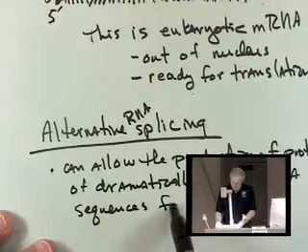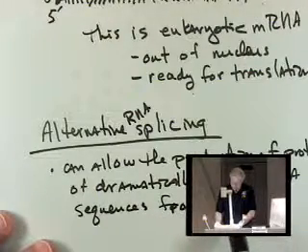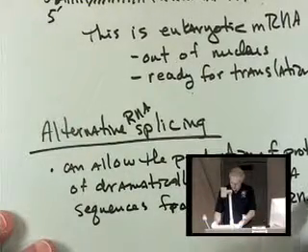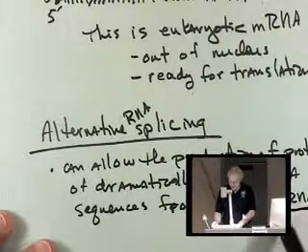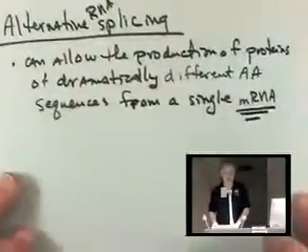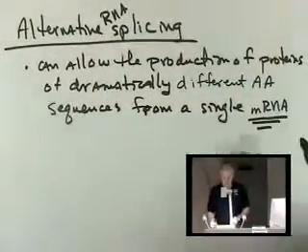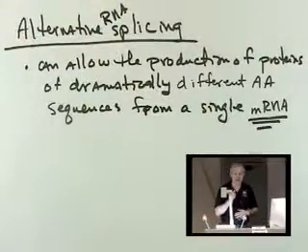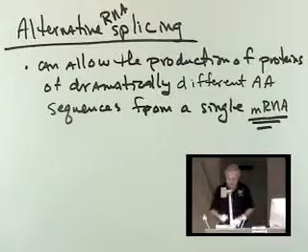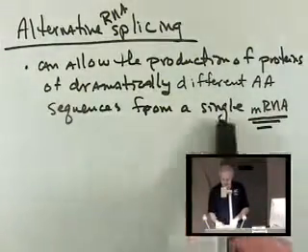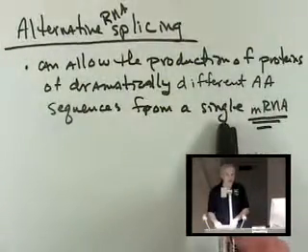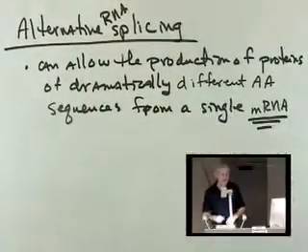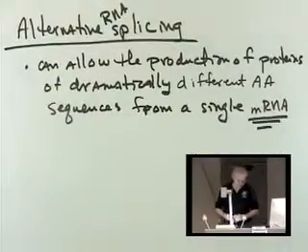From a single mRNA. Now this is the wording that I want you to, sorry, I had it off screen for a minute. The use of mRNA there is what I want you to recognize, but I also want you to recognize that that is wrong. It's different amino acid sequences from a single primary transcript that can become different forms of messenger RNA.